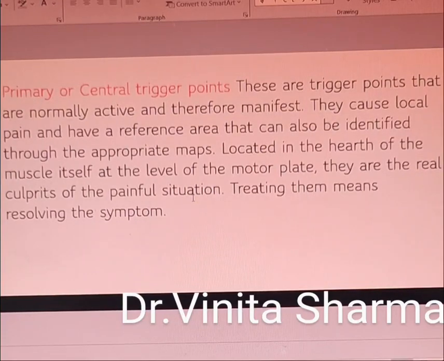So initially in the lecture we studied that at the motor end plate the acetylcholine will release. And there are some studies which say that wherever there is a trigger point, the acetylcholine release is increased, and when it increases, it translates into trigger points, because there will be more pain, there will be stiffness, there will be no movement of the muscle at that point, and it leads to painful trigger points.